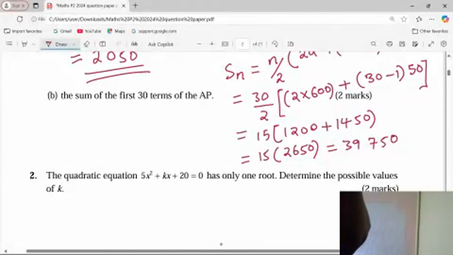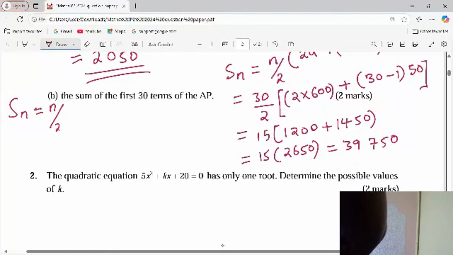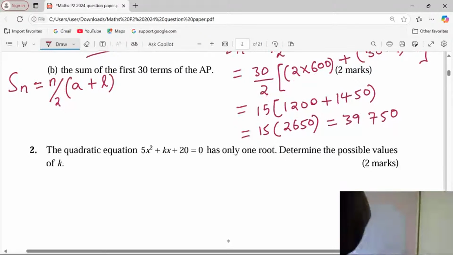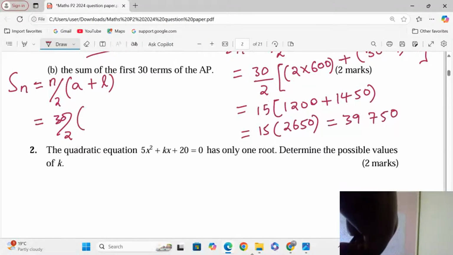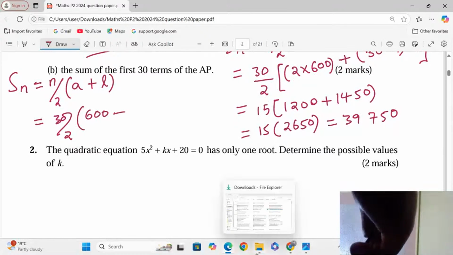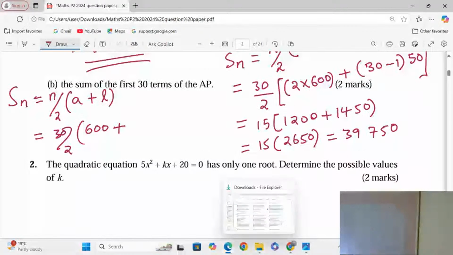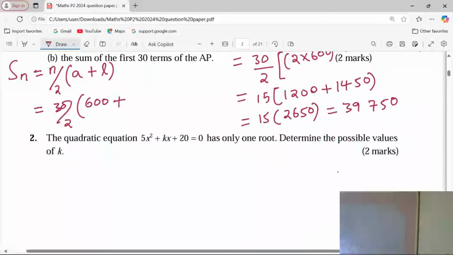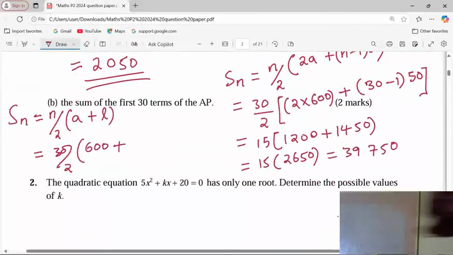Alternatively, and even in a more convenient way, the sum of the terms can be given by n over 2 into a plus l. In this particular case, l is the last term of the progression. So we are talking about 30 divided by 2 multiplied by a plus the last term, which is now the 30th term, 2050.